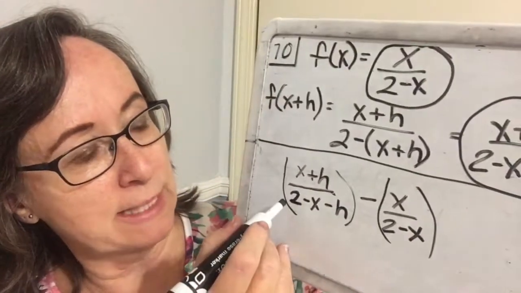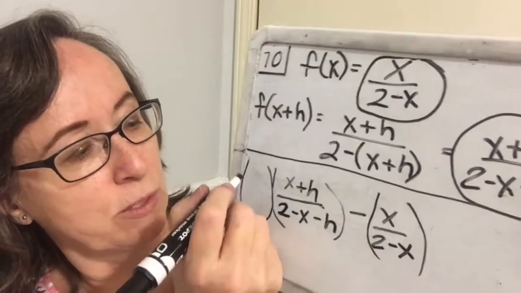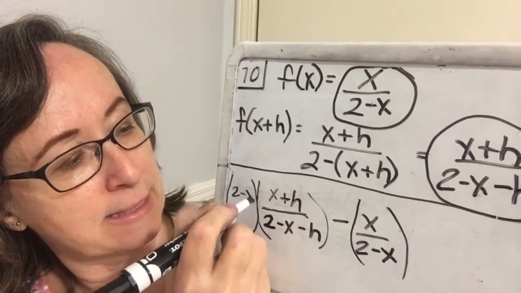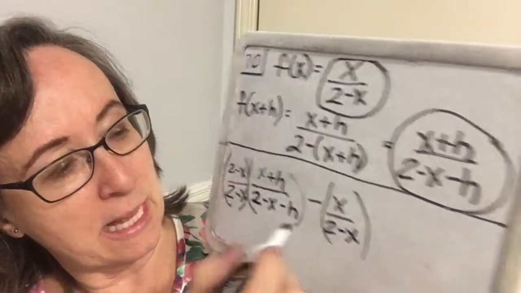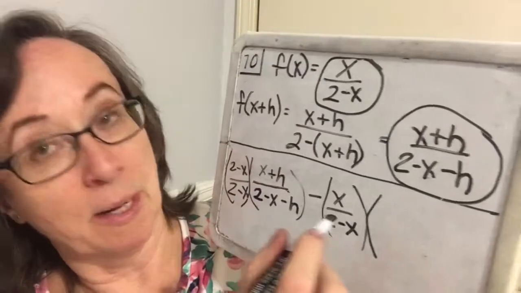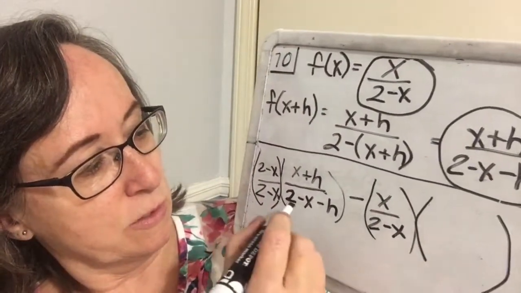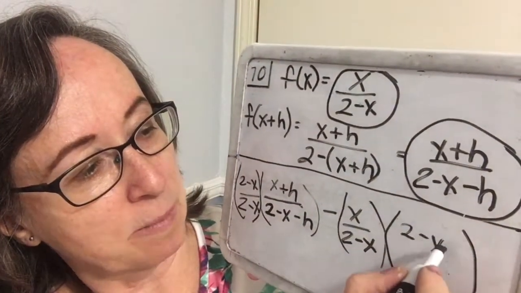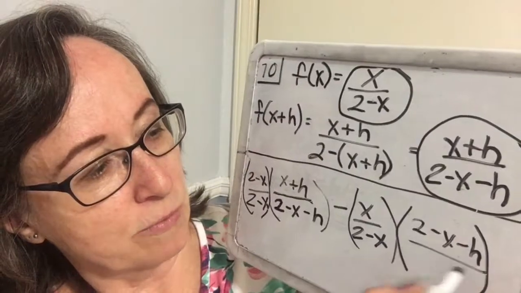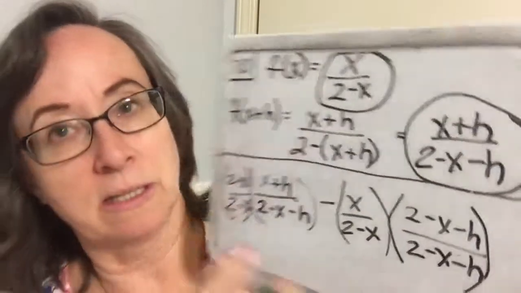So I'm going to multiply this one by 1 in the form of 2 minus x over 2 minus x. I'm going to multiply this one by 1 in the form of 2 minus x minus h over 2 minus x minus h.